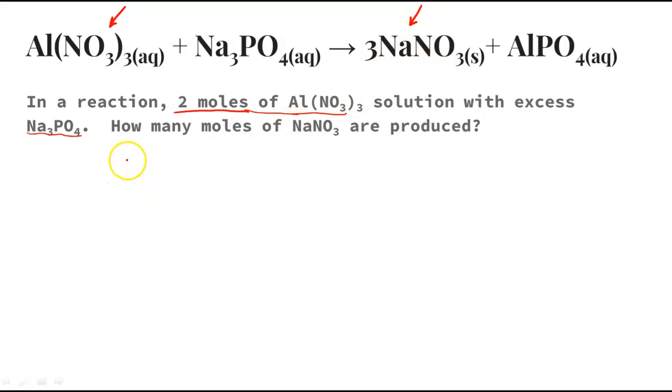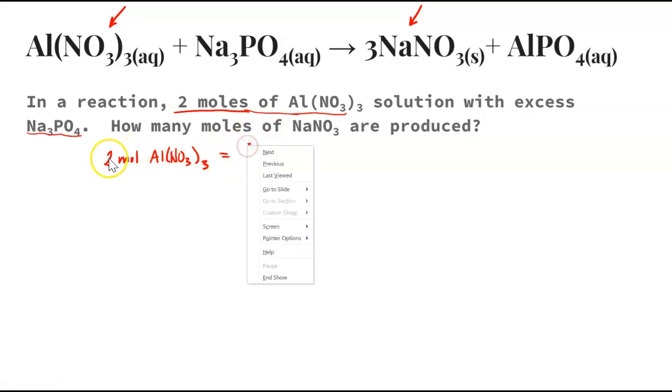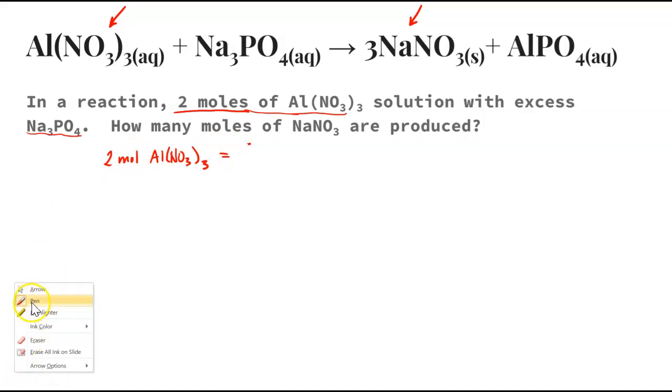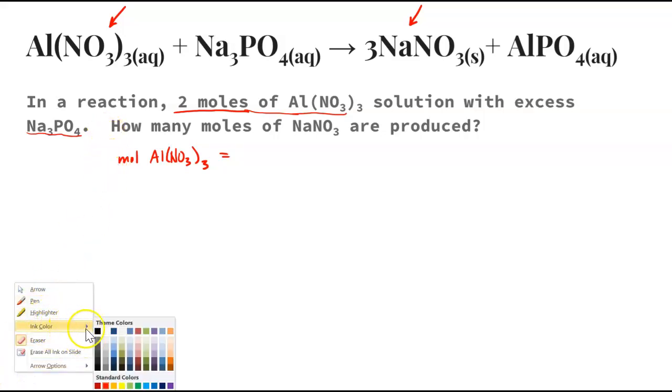So the first thing we need to do is look at the ratio. For every 1 mole, the reason I'm putting 1 on here is because I'm looking at the chemical equation, so my apologies.